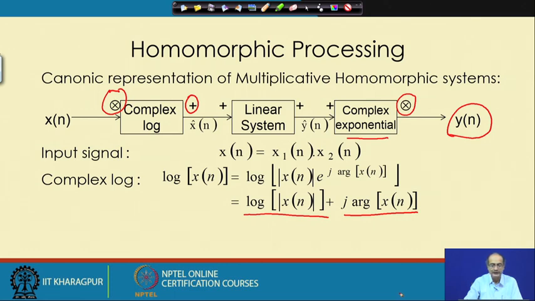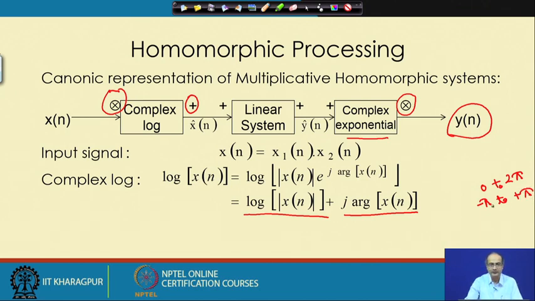When we take the log operation and find out the angle, we need to define what the range of that angle is. The value could be defined between 0 to 2 pi for example, okay, or it could be from minus pi to plus pi. So, it is within an interval.